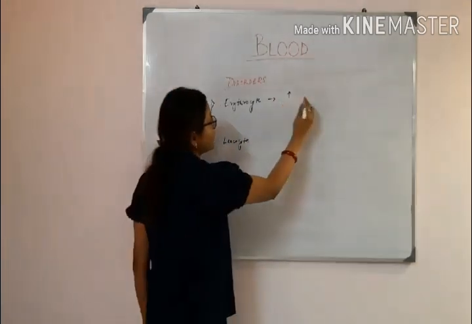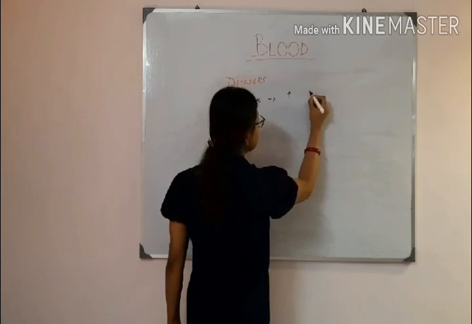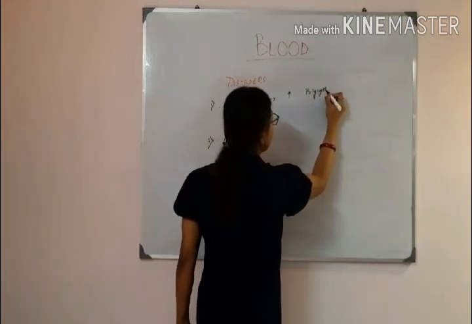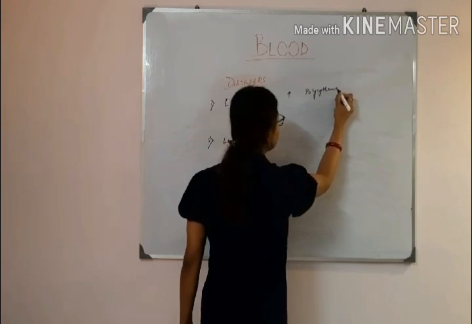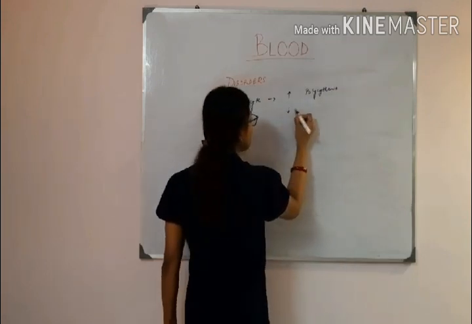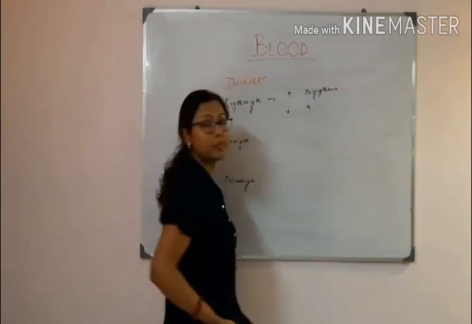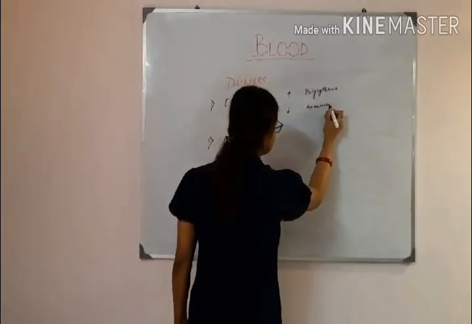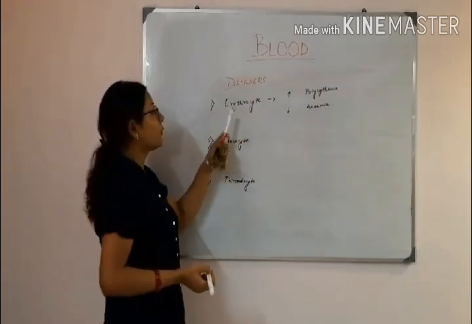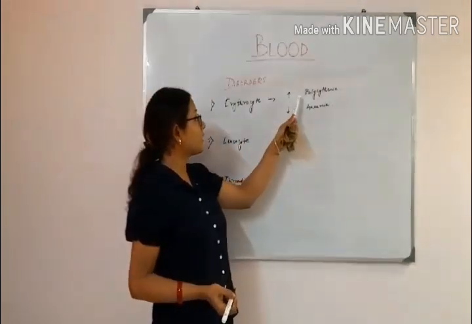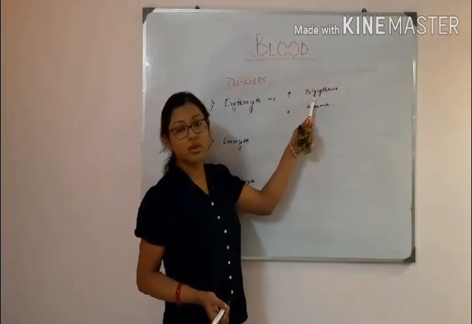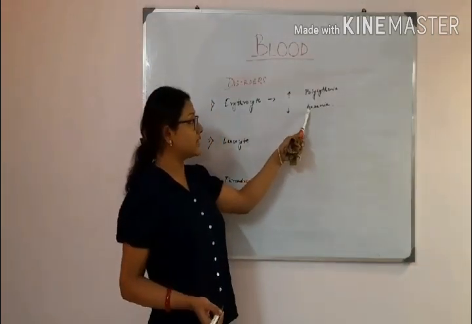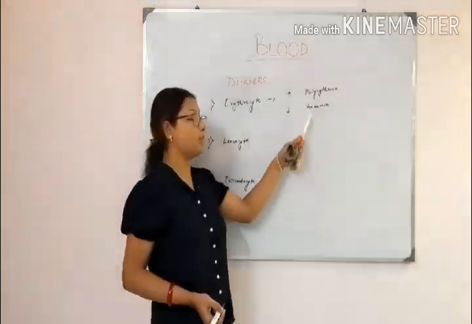When erythrocyte concentration increases, it leads to polycythemia. When it decreases in blood, we all know it causes anemia.